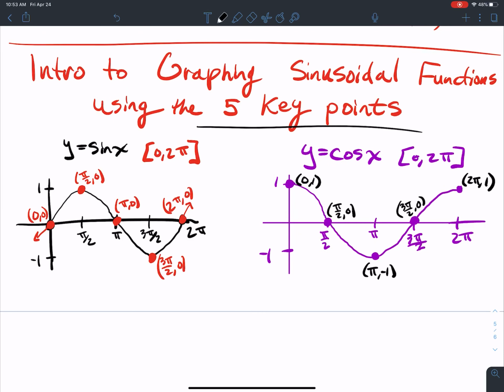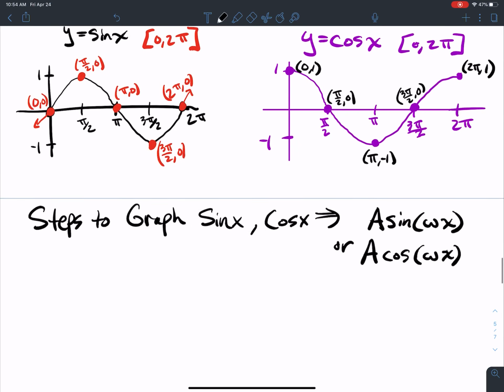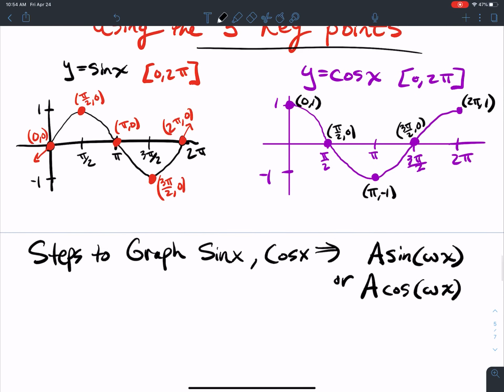Now I'll give you a guideline for what's going to happen here. The steps to graph sinusoidal functions of the form a sine omega x or a cosine omega x, so if I have some amplitude and different period, are these.